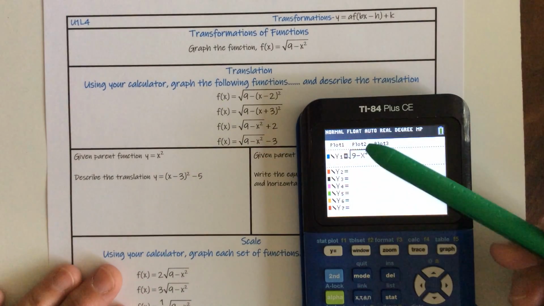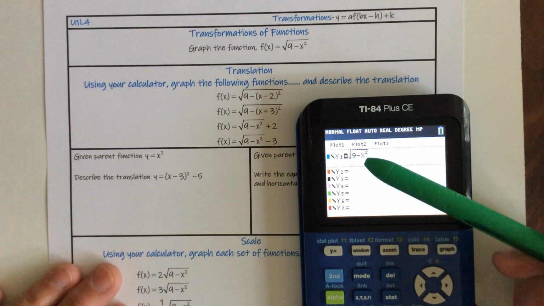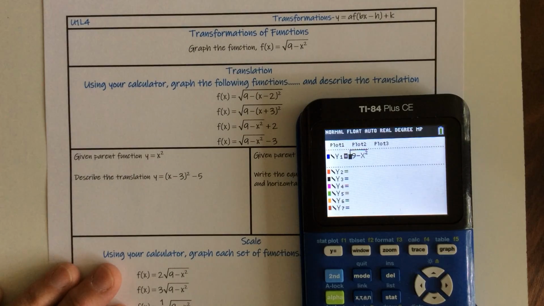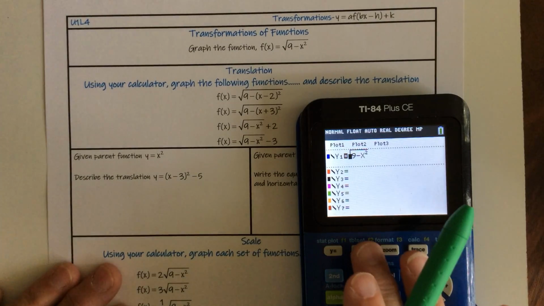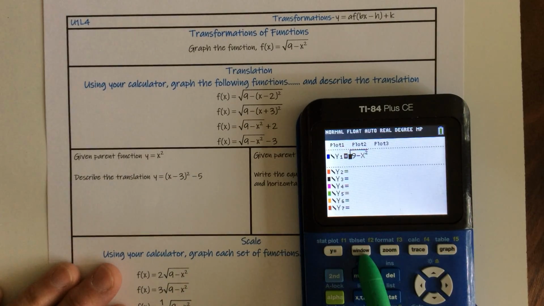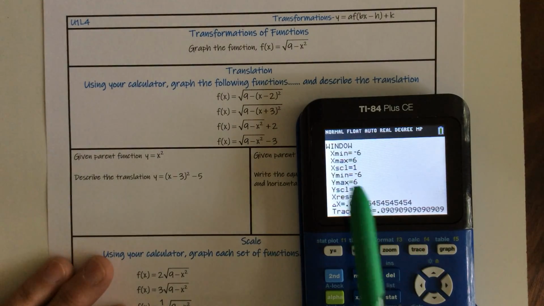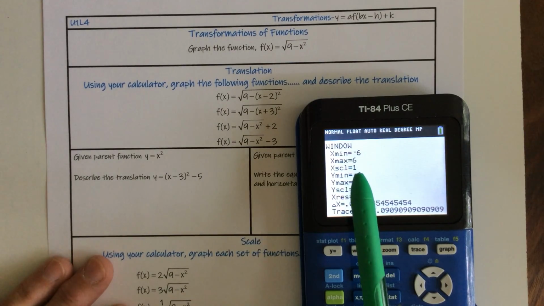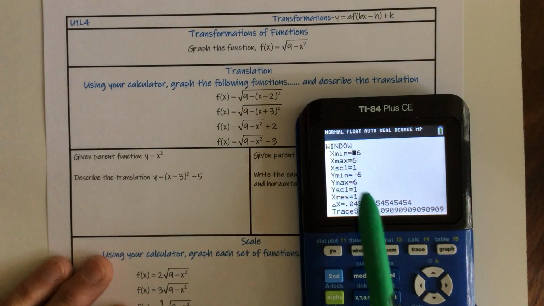Go in and type in the square root of 9 minus x squared. Then set your window: x from -6 to +6 with x scale 1, and do the same for y min and y max.